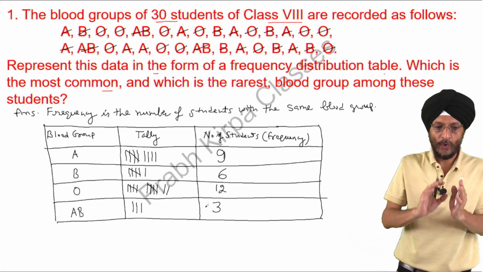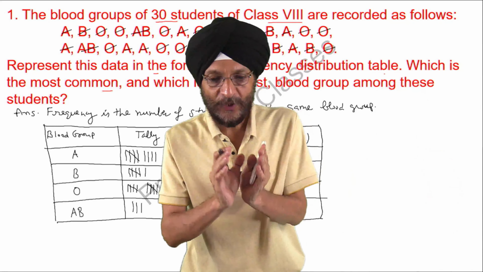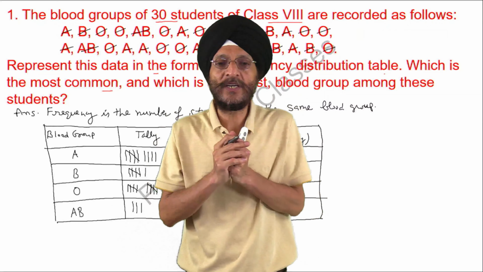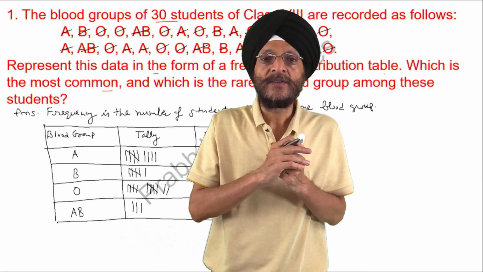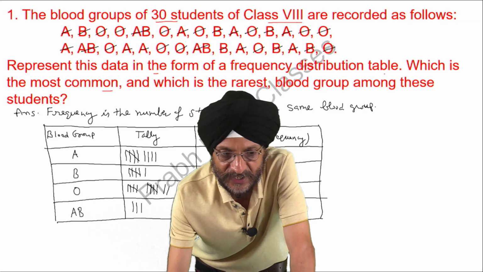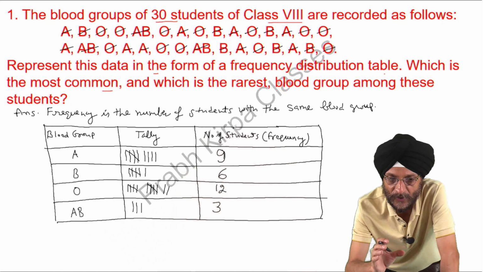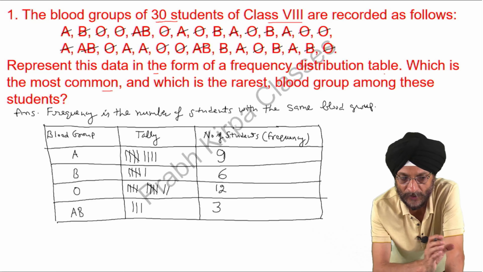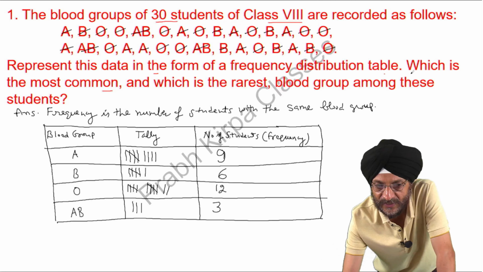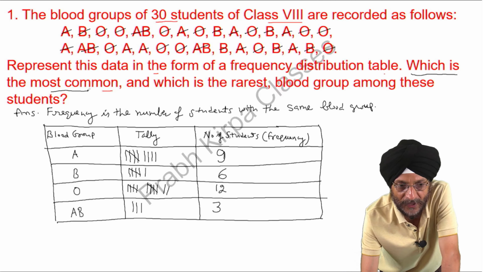So far we have built the frequency distribution table for the 30 students having different blood groups, that is, the number of students having a particular blood group. Now what is the other question? Which is the most common blood group?